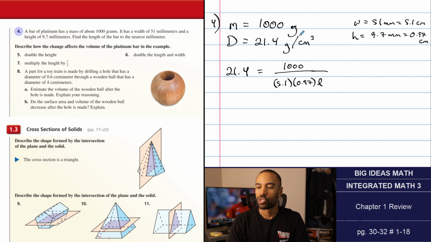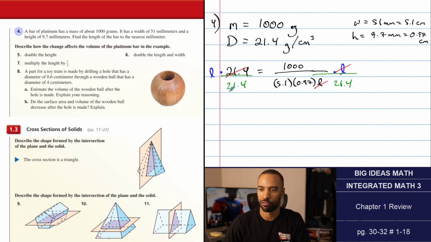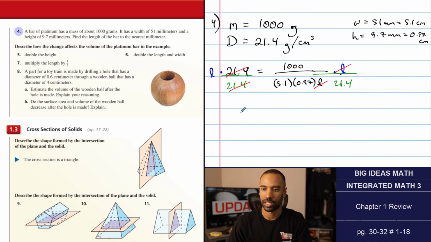If you saw one of the previous problems, I can kind of switch places here. I can multiply both sides by L, get that by itself, then divide both sides by 21.4, and now the 21.4 just basically goes down here. So the L's are gone on this side, and the 21.4s are gone on this side. Now I'm going to use the calculator to compute 1,000 over these three numbers multiplied, right?